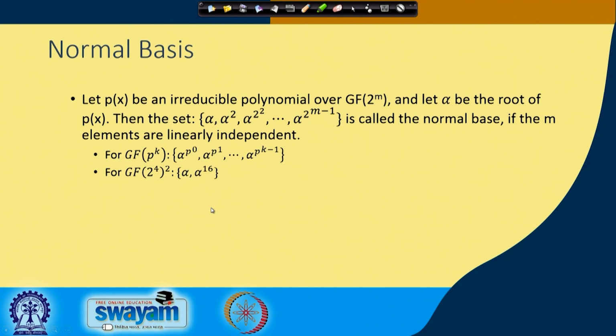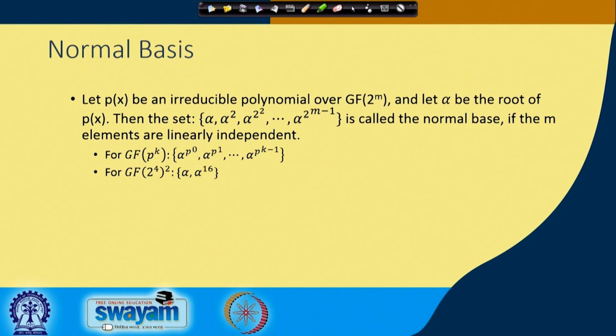Let us have a quick recap about the normal basis. In the normal basis representation, again you have an irreducible polynomial typically denoted as P(x), defined over the Galois field GF(2^m), and suppose alpha is the root of this polynomial P(x). Then the set denoted as alpha, alpha square, alpha to the power of 2 power of 2 and so on, till alpha to the power of 2 to the power of m minus 1, is called a normal basis if the m elements are linearly independent.